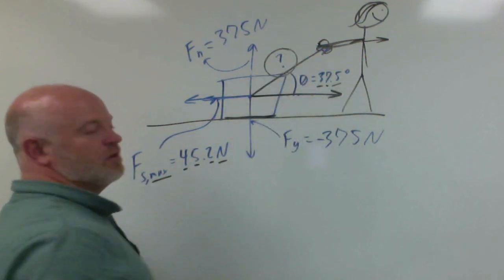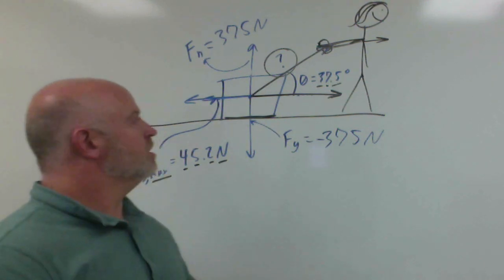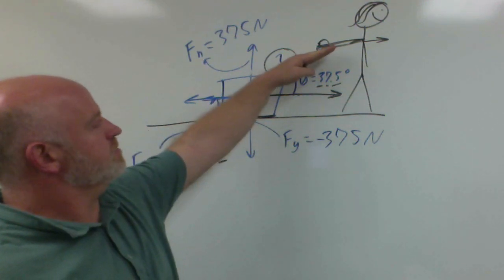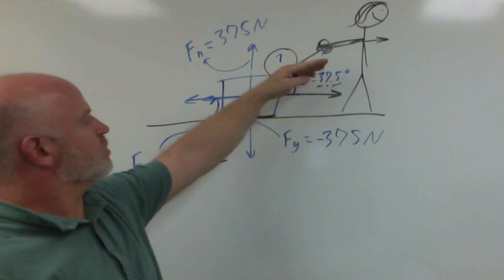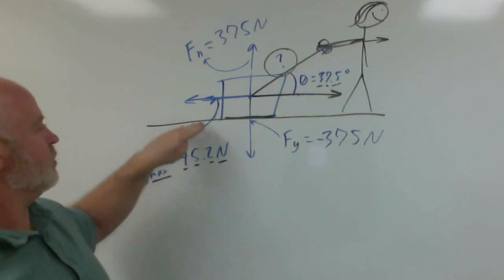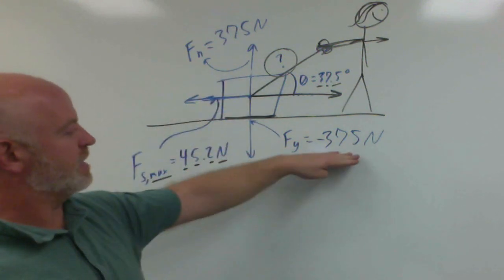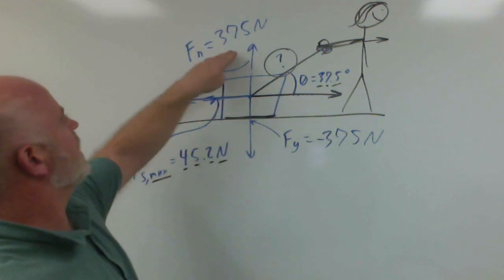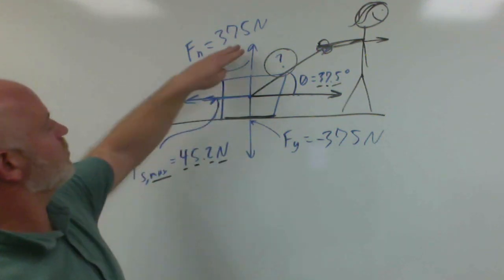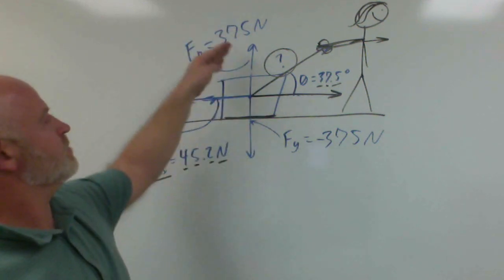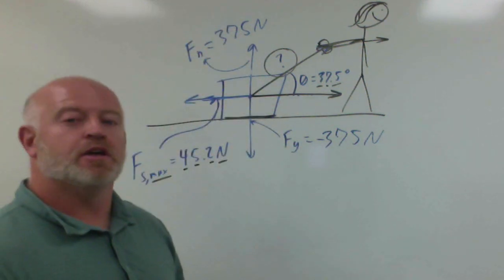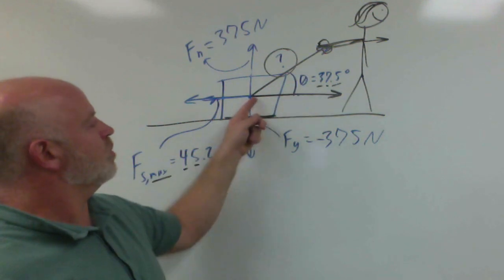So I need to figure out how much force I need to pull at this angle to counteract the 45.2 newtons on my object. We have a force of gravity of negative 375 newtons and a normal force of 375 newtons. In this problem, this data doesn't really matter, because all we're solving for is the horizontal component.